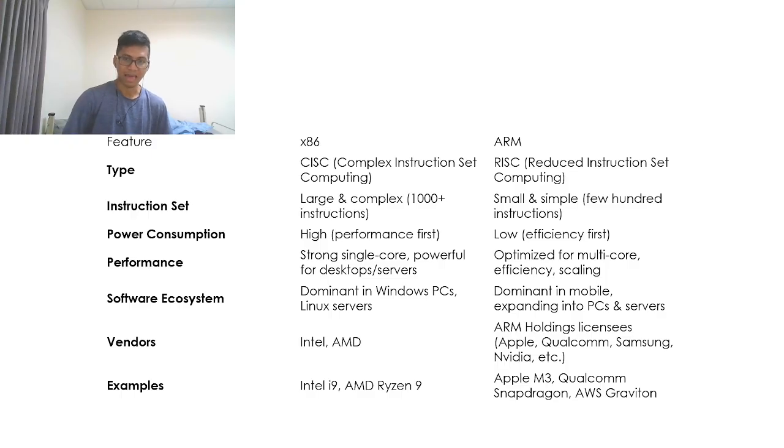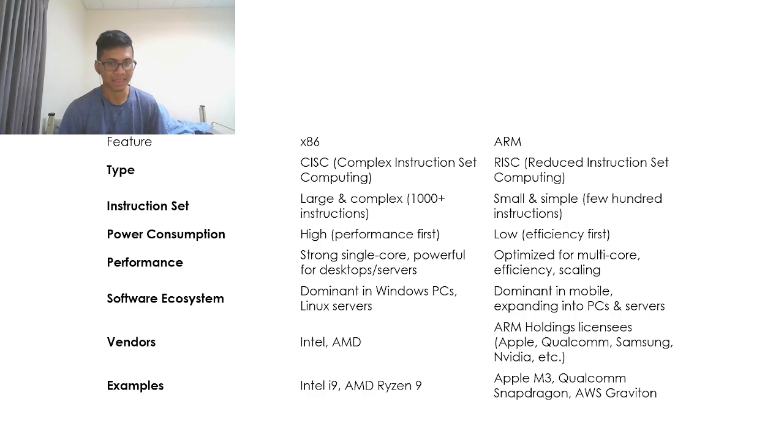So again, everything has its benefit. For power efficiency, ARM is far superior to x86, and that's why all smartphones use ARM.